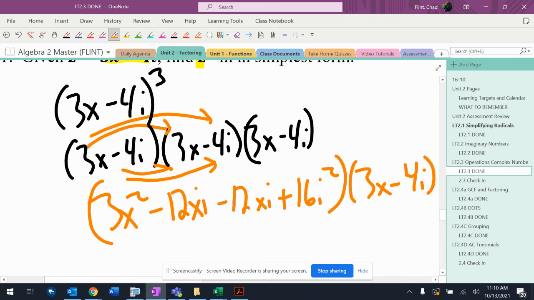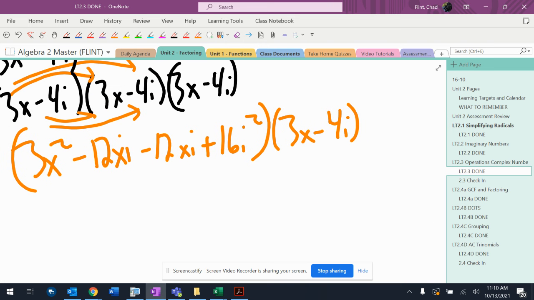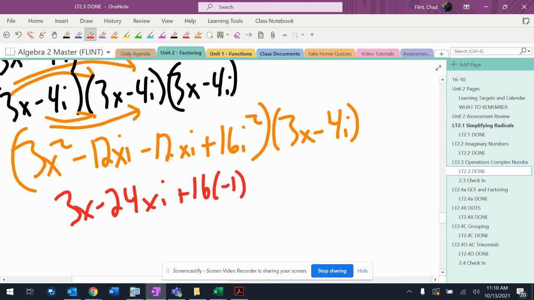Now I have options here. I can either do a crazy distribution where I end up with like 8 gigantic terms, or I can fully simplify this first parentheses and then distribute it. And I'm telling you, it's going to be way easier to simplify this first parentheses first. So that's 3x squared minus 24xi plus 16 times negative 1, because i squared is negative 1.